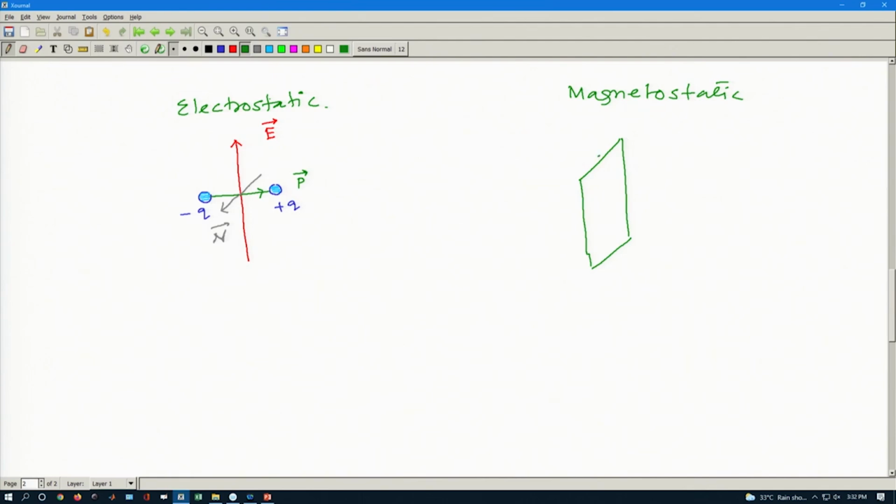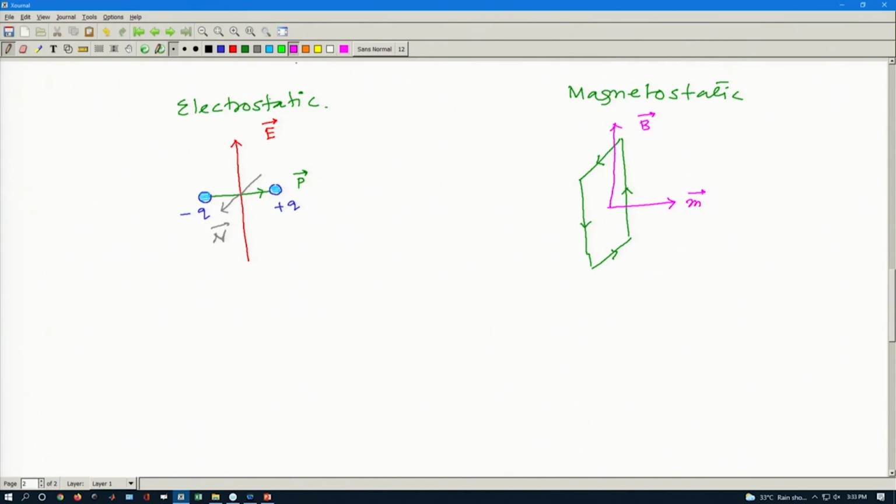The current is flowing like this, and the value of the magnetic dipole moment is along this direction. This is m, and the B is along this direction. This is B.